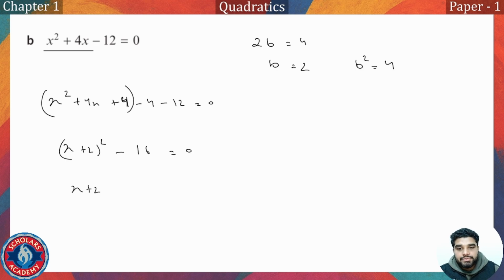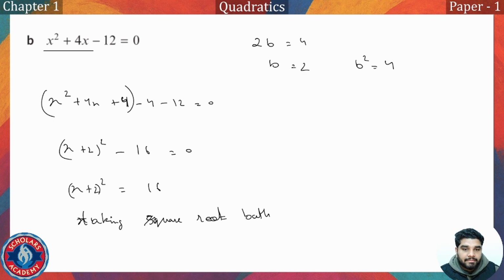(x plus 2) whole square is equal to 16. Taking square roots both sides, we get x plus 2 is equal to plus and minus 4. Why do we write plus and minus?